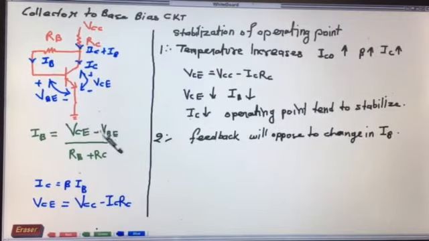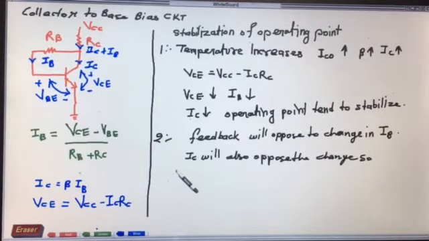If base current is not allowed to change, in that case IC will also oppose change.